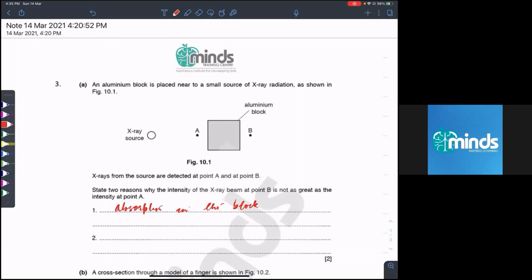Now, the second thing, remember one thing: when a wave is traveling and it strikes a surface, both things can happen, reflection and refraction. For example, if I say this is a piece of glass and a ray of light is traveling like this, I hope you can see at the top right of the screen, I just drew a ray of light or wave in pink color. What will happen? Some will reflect and some will refract.